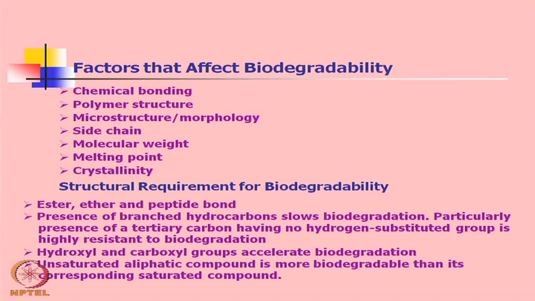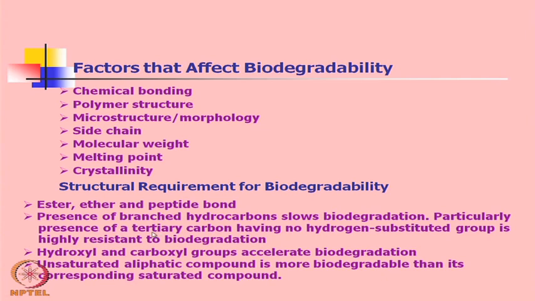And let us think of other structural requirements which I have already pointed out, say polymers containing ester groups, ether groups and peptide functional groups, they are degradable. Now, the presence of branched hydrocarbons, meaning side chains, slows down the biodegradation process, particularly the presence of a tertiary carbon atom.